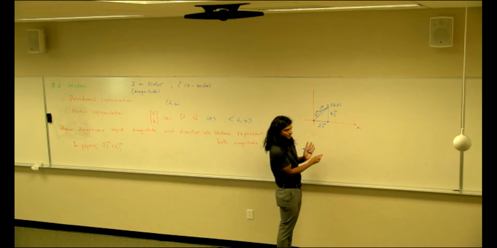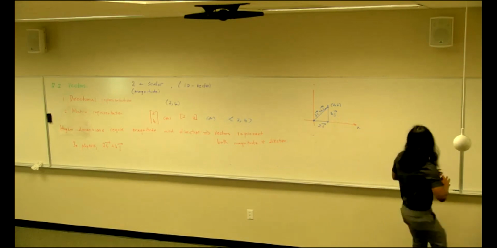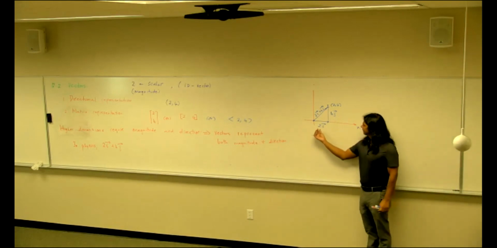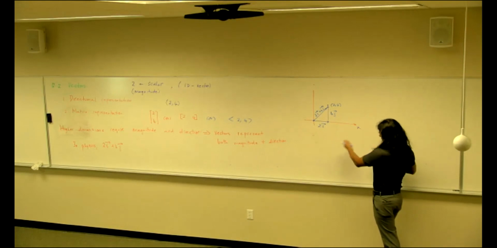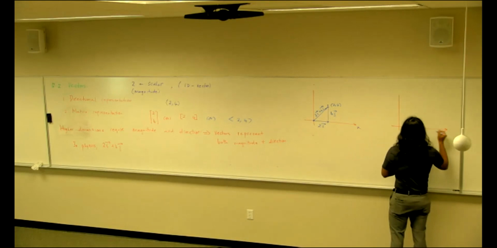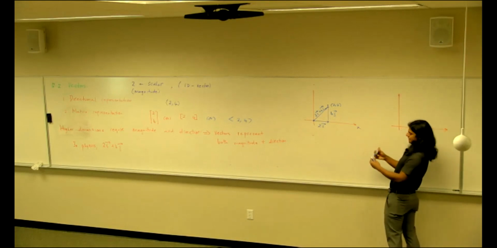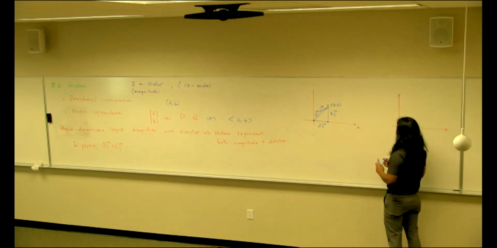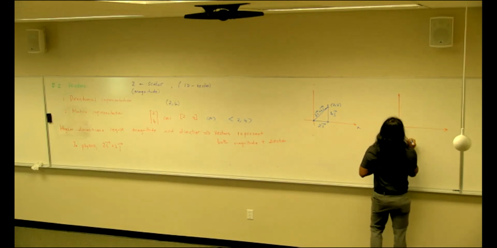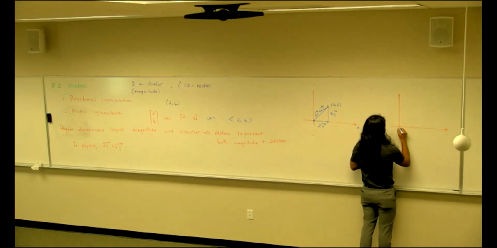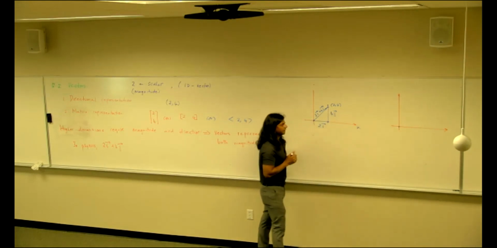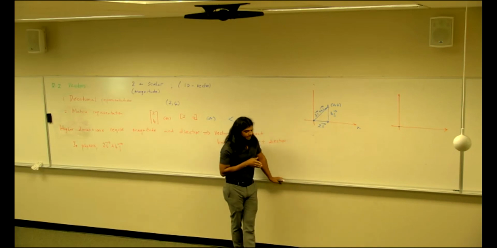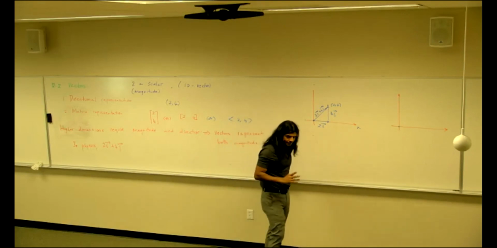But this is what they're talking about. So if I represent the value 2, or if I make it arbitrary, call it some A. I don't necessarily have to go in this direction along the x-axis always.